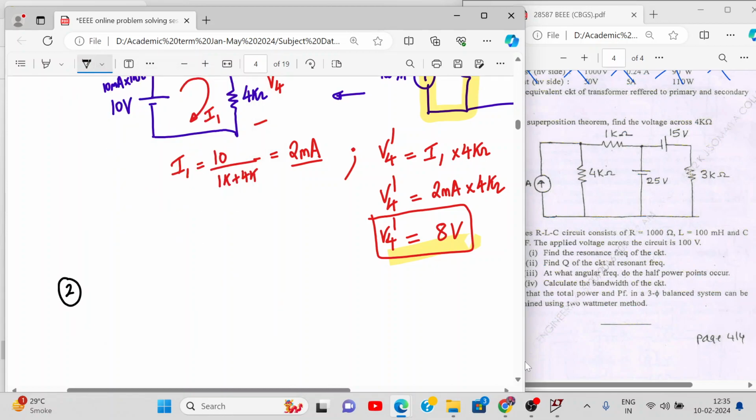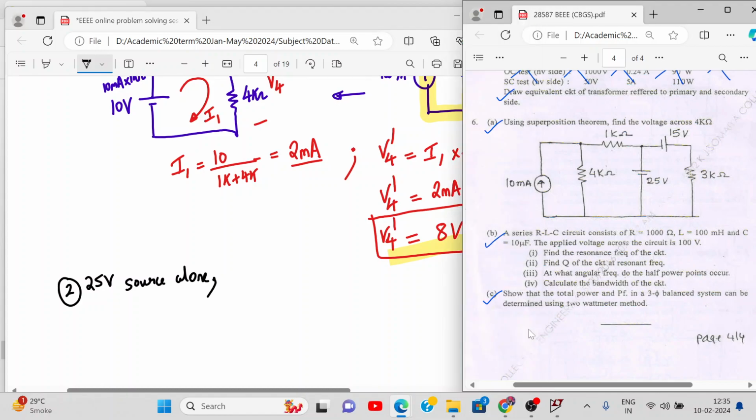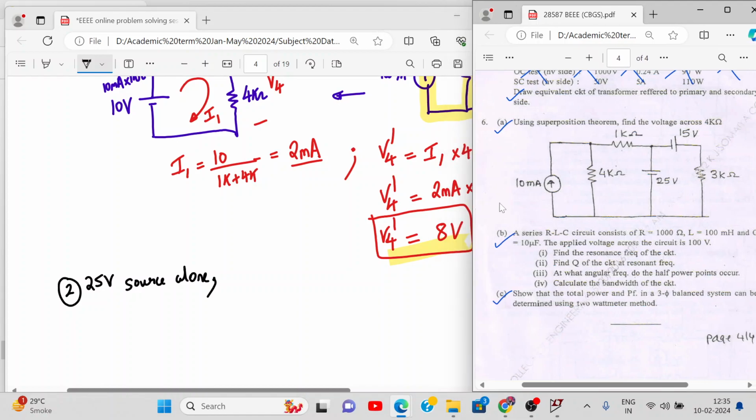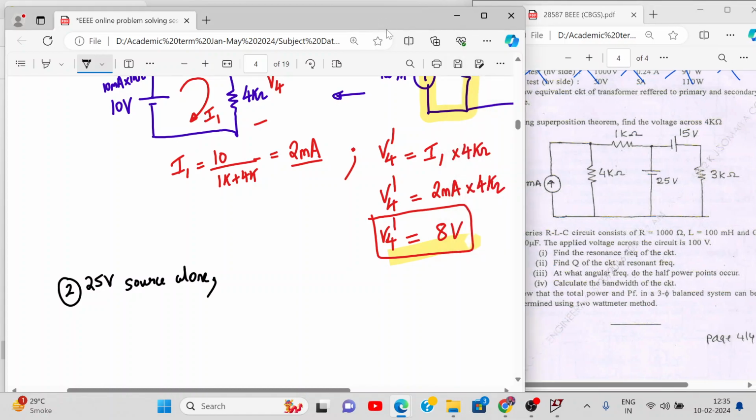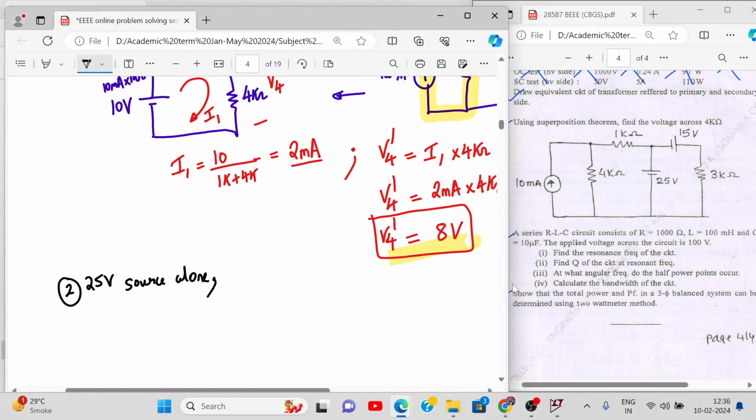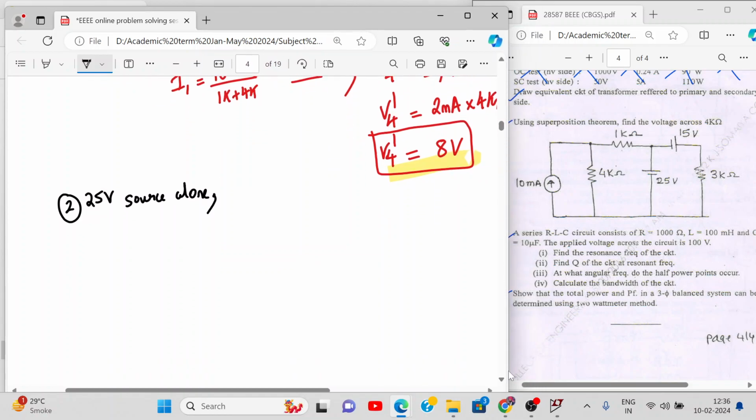Second, we'll consider 25 volt source alone. That means this current source and this voltage source will be deactivated. So what do we have? We have this 10 milliampere current source open circuit. So this is open circuit.